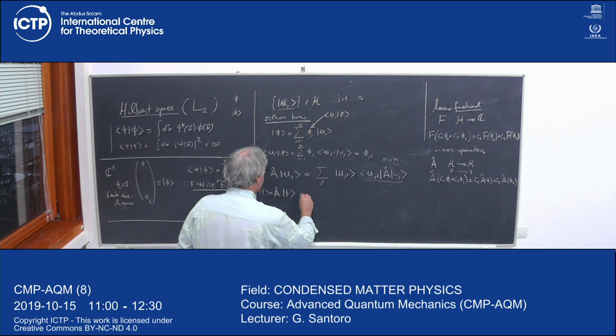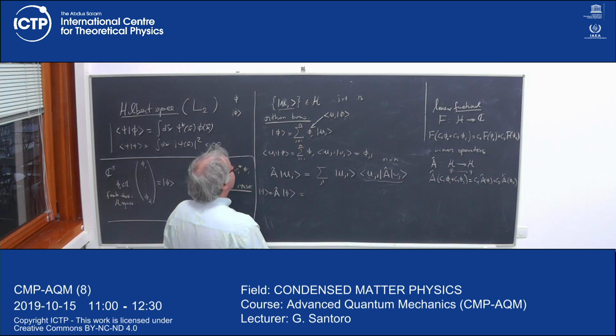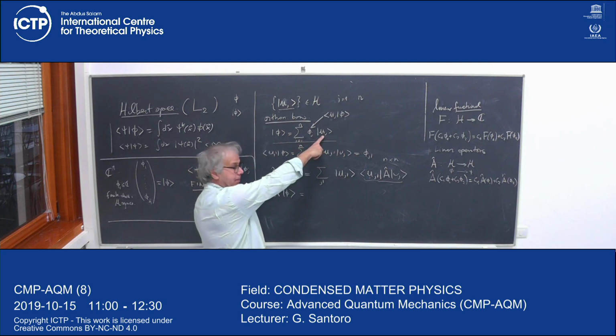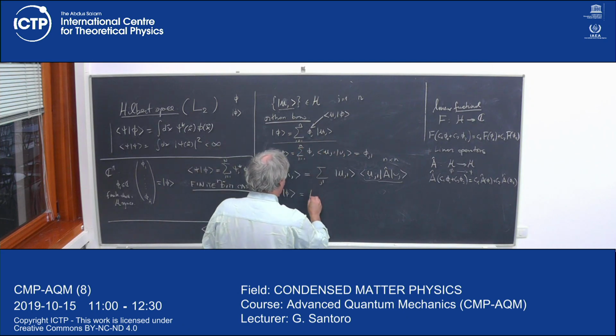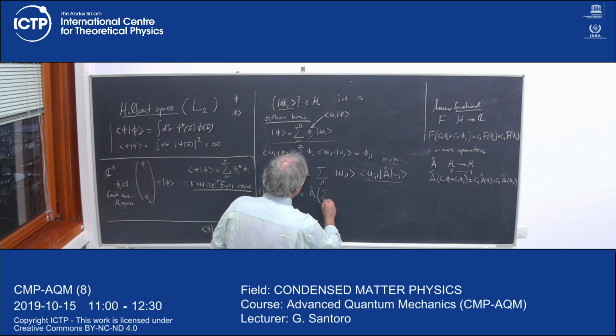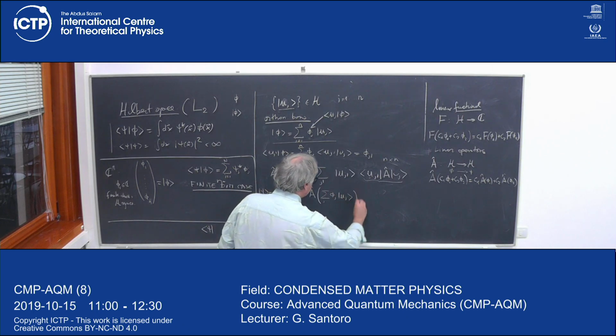Remember, this is a linear operator, and so it sends an element phi into an element psi. Okay, let's do it. Now, phi is written here. It's a combination of the basic elements. So this is equal to A applied to the sum over j of phi j uj.